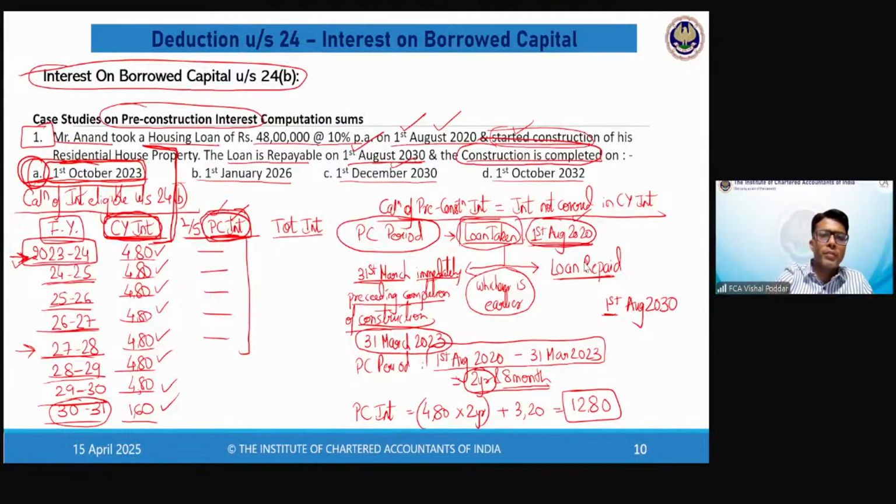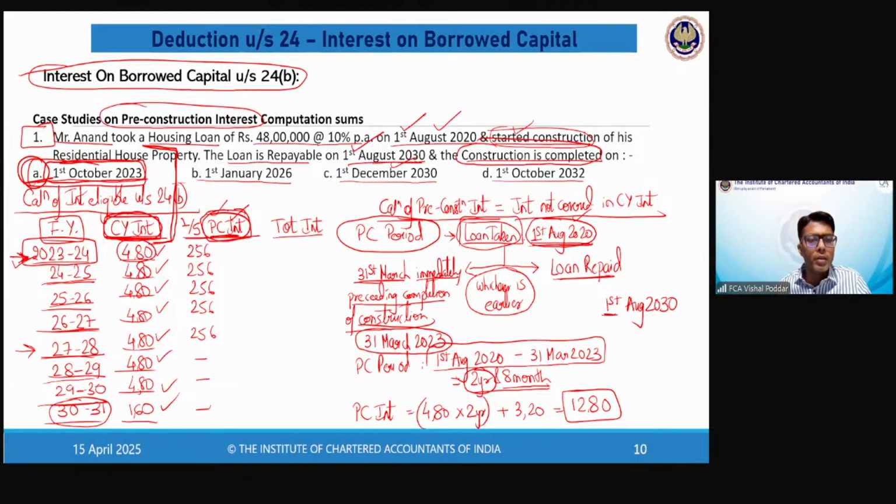Now make 1/5 of this. So 1/5 of 1280, 256, Anubhav is saying. So my pre-construction 256, 256, 256, 256, 256. That's it. Now this is the working, students.